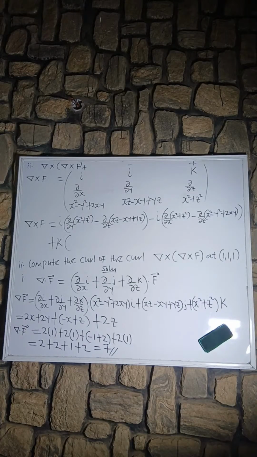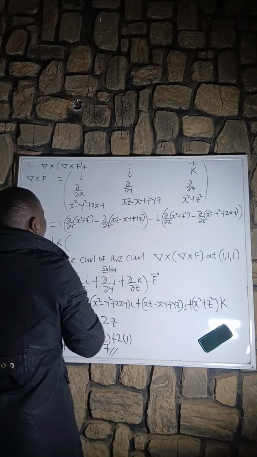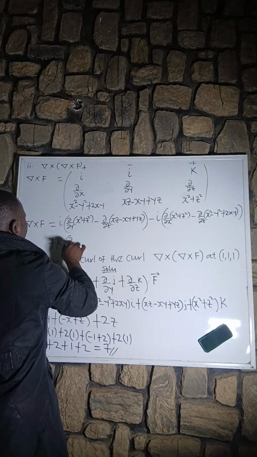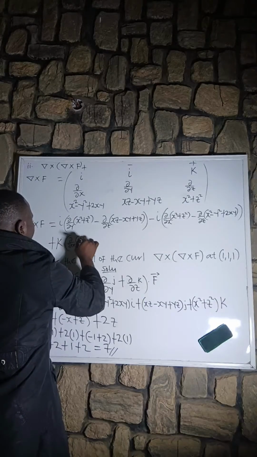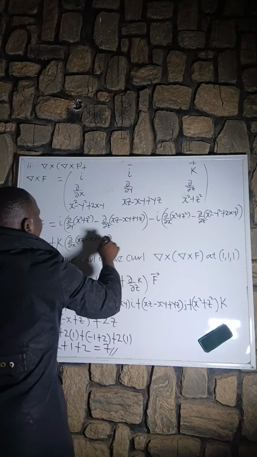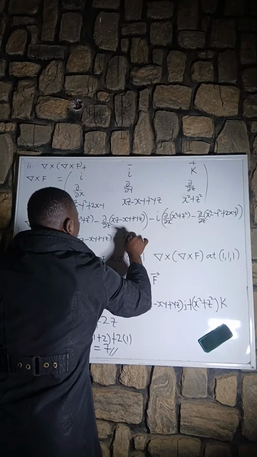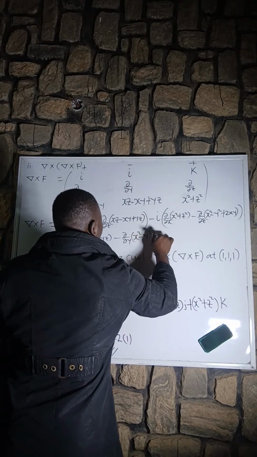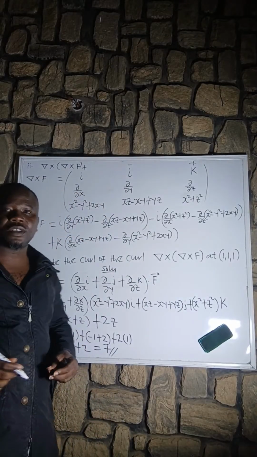So if you agree with me, it means this will multiply this minus. So here we are going to have partial over partial x times this, right? xz minus xy plus yz, then minus this times this, partial over partial y, open bracket, x squared minus y squared plus 2xy, close bracket.